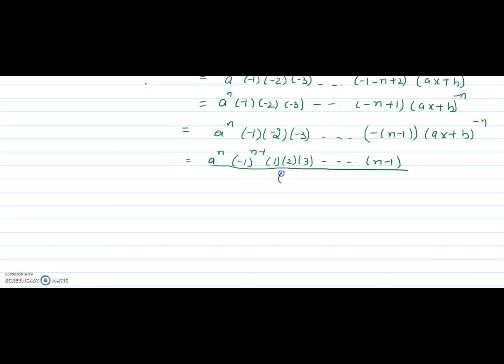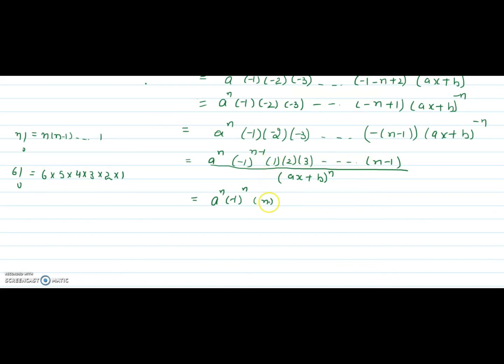And this negative power becomes positive if I write this term in the denominator. You must be aware of the fact that n factorial is equal to n, n minus 1 up to 1. Or for example, if I write 6 factorial, this is equal to 6, 5, 4, 3, 2, 1. Here I have n minus 1, n minus 2 up to 1.